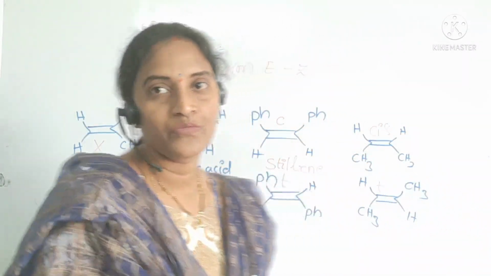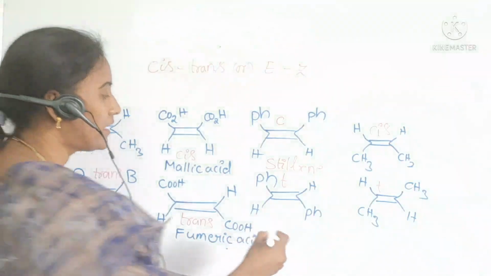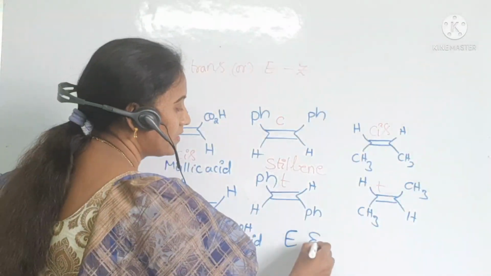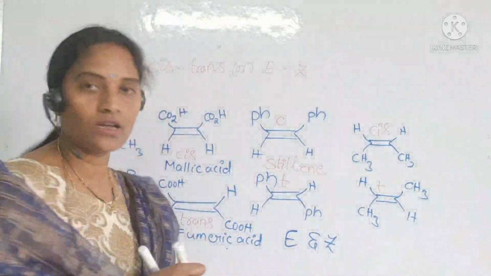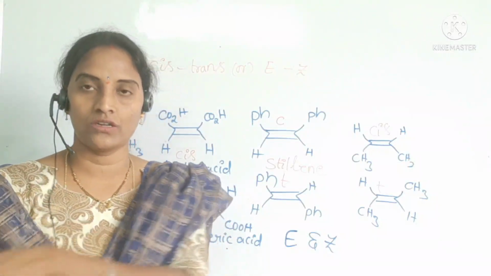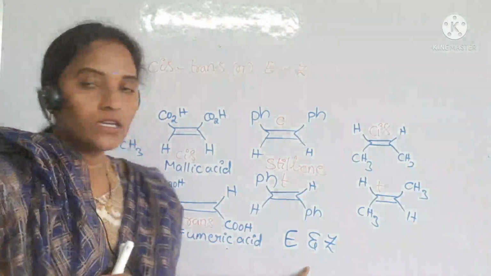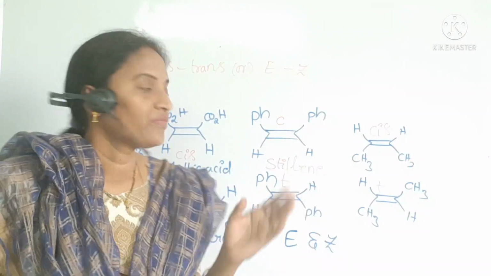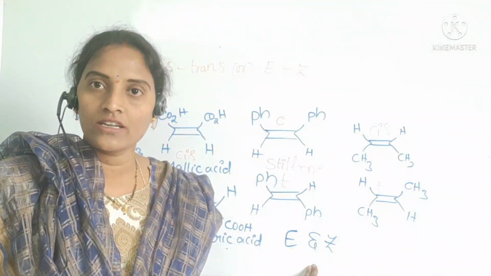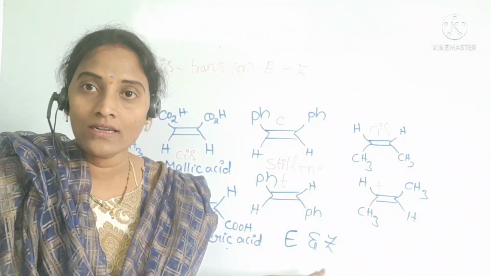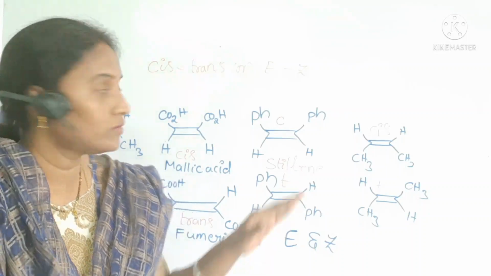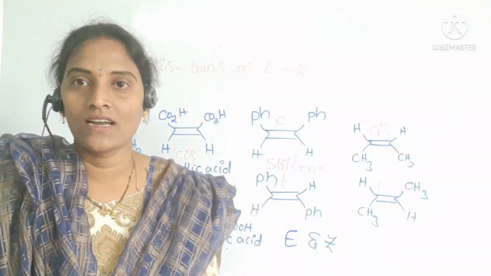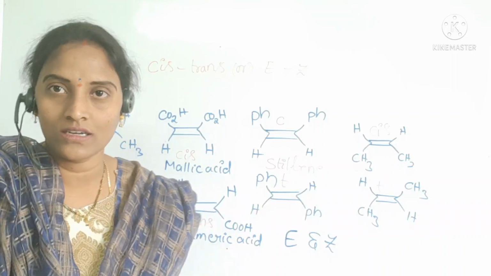At that time we are going to use E and Z nomenclature, or E and Z configuration. E and Z nomenclature is the alternative way instead of cis trans isomerism or cis trans nomenclature.